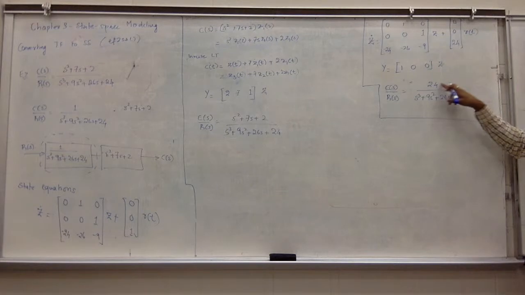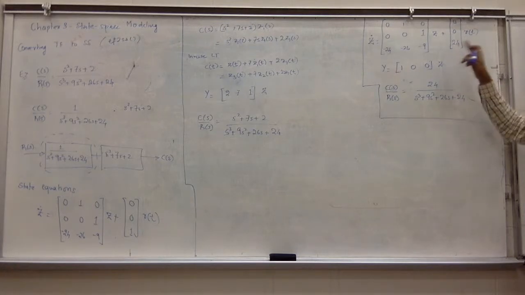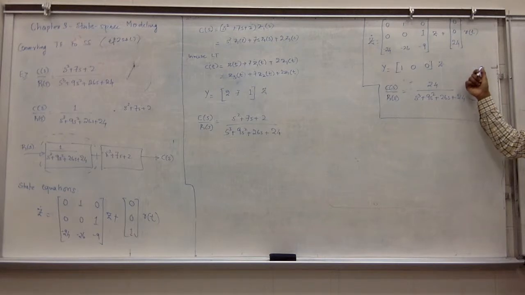If it's a constant numerator, it will just end up here. You see the pattern? Are you able to correlate? So the numerator there is a polynomial. Everybody follows this?